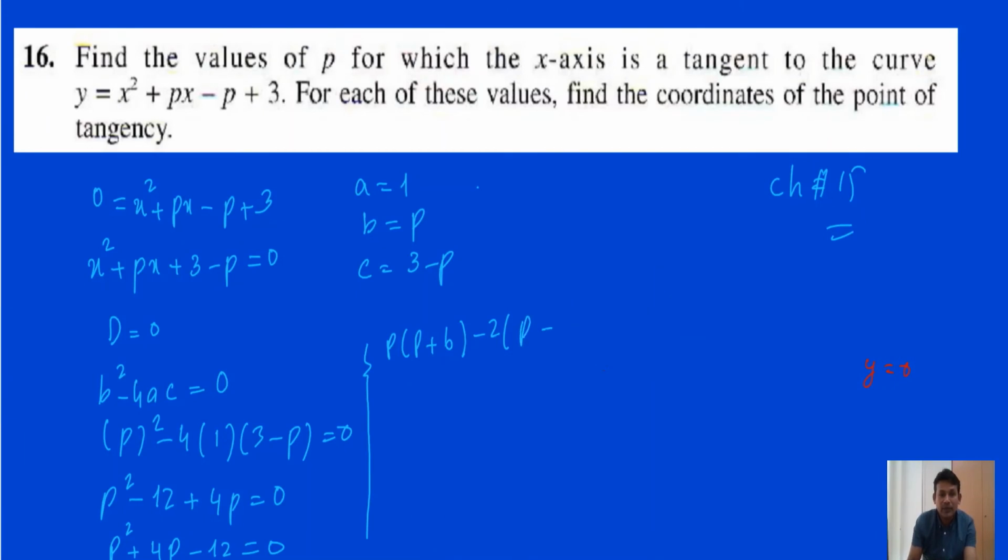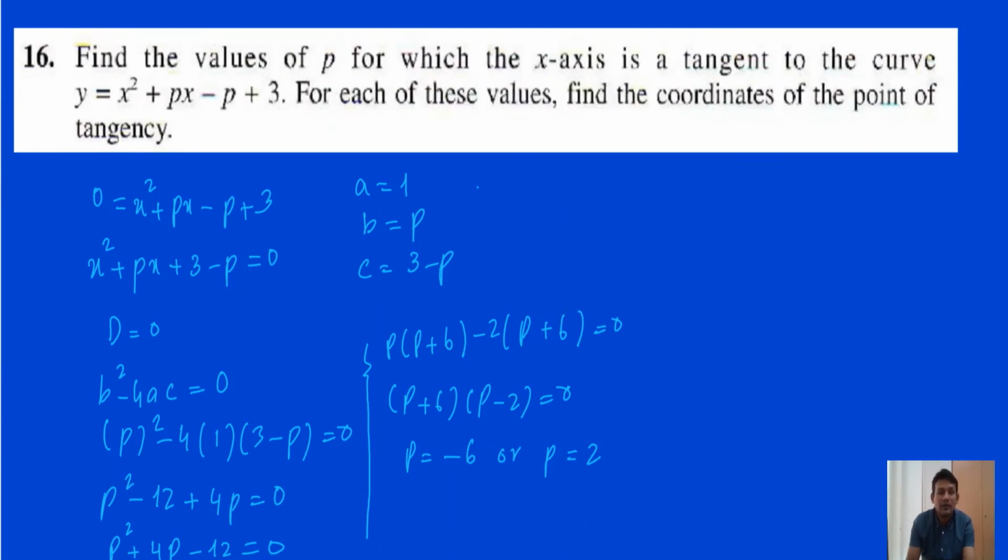So p plus 6 equal to 0 and p minus 2 equal to 0 will give us two possible values of p. Okay, we have two values of p.